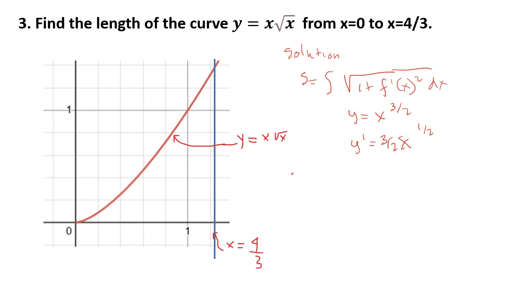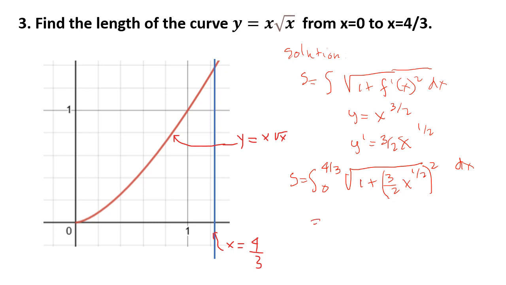So your L is equal to the integral from 0 to 4 over 3 of the square root of 1 plus 3 over 2 x to the power 1 half squared, and that one is dx.